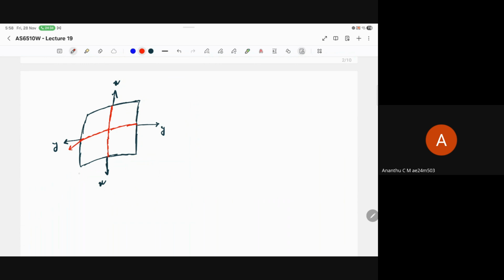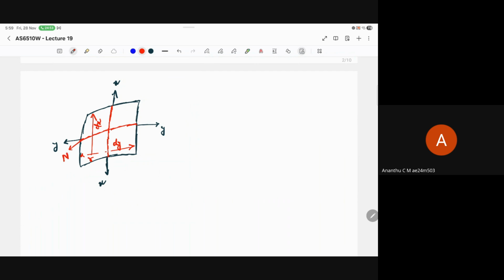So there will be tension force along this line. If you consider the length in y direction, this is your length in y direction, dy, and then similarly we have length in x direction, which is dx. Okay.